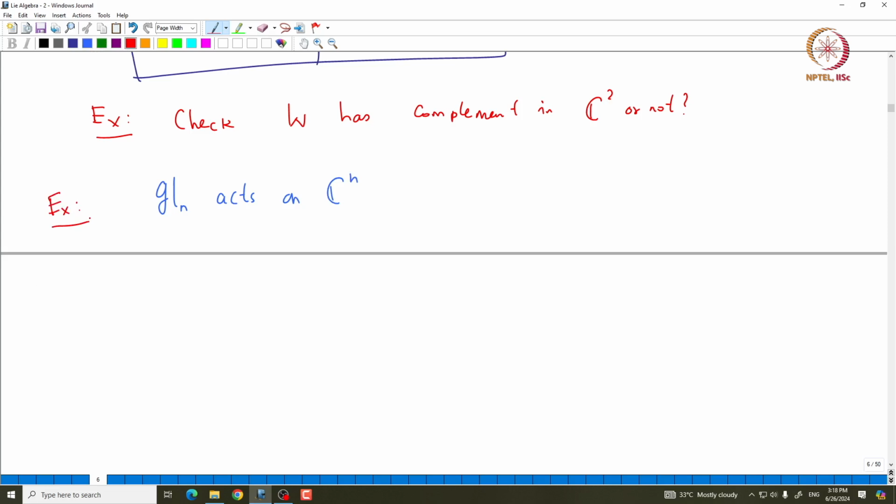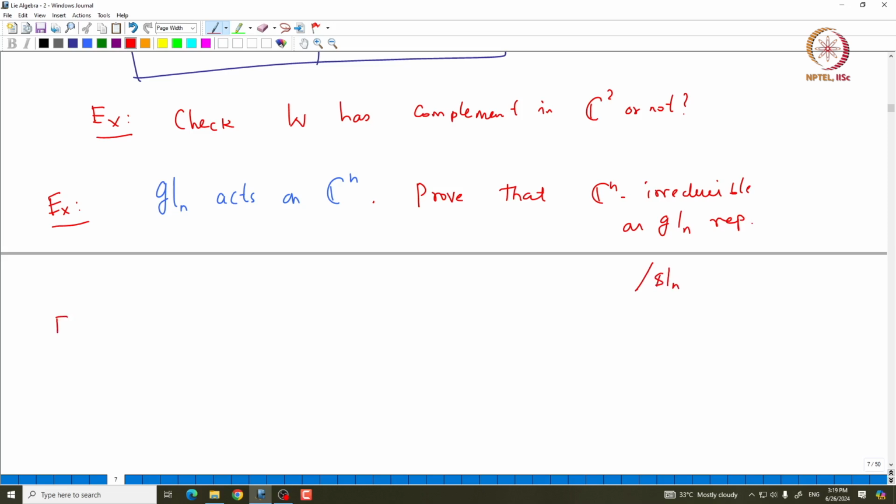So, this is indeed an irreducible action. Okay. So, this is a natural representation. So, prove that Cn is irreducible as a GLn representation. So, one can also say that it is indeed irreducible as an SLn representation. So, SLn naturally acts on this Cn.